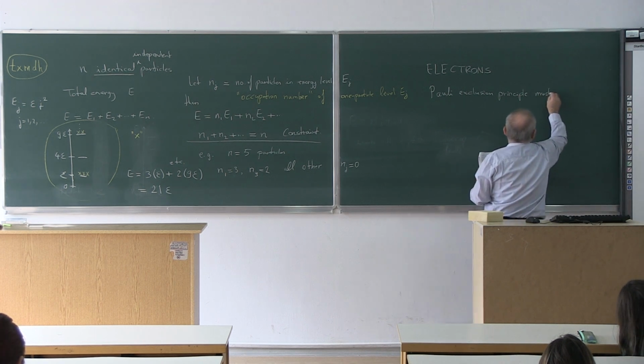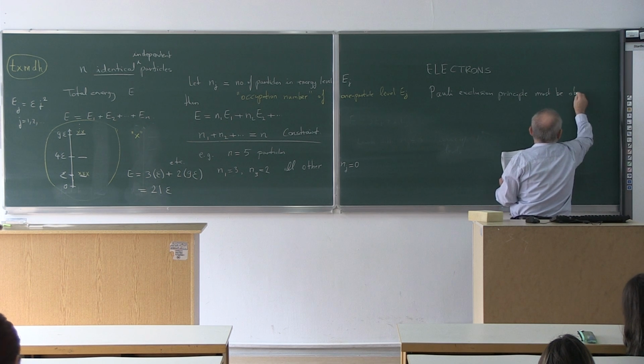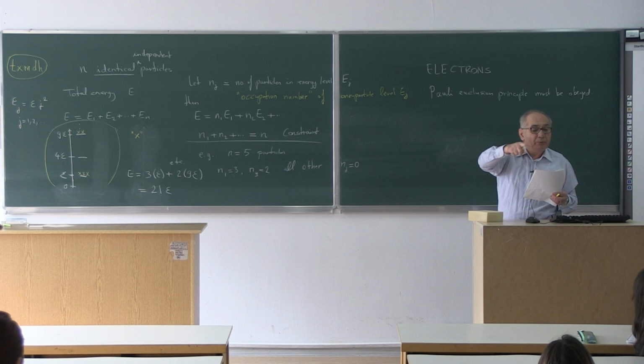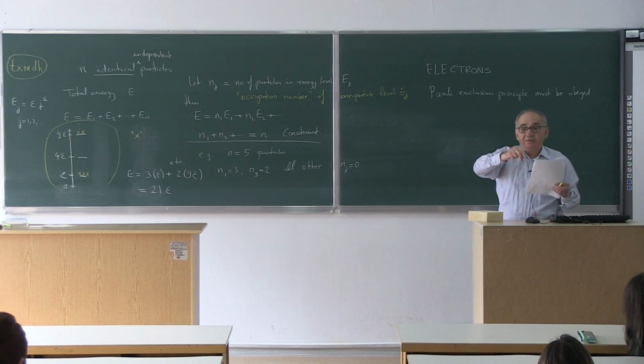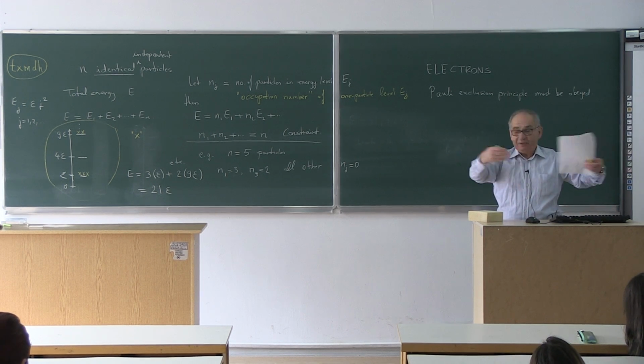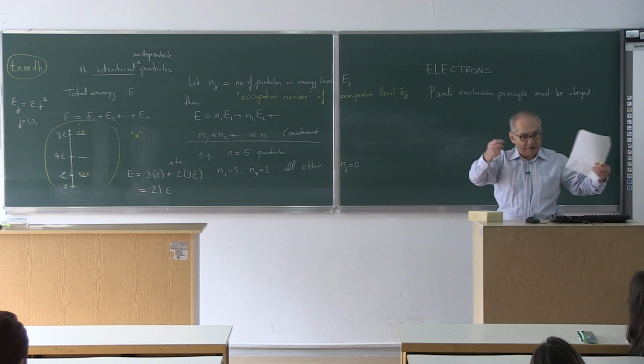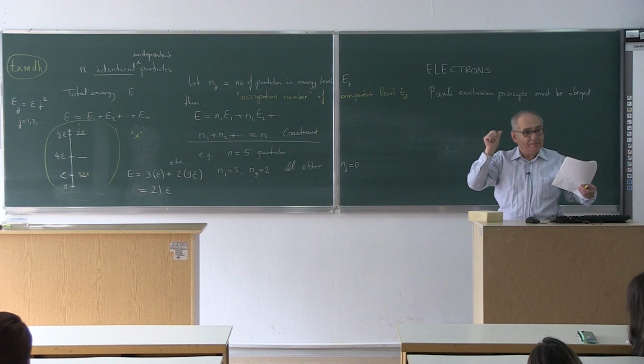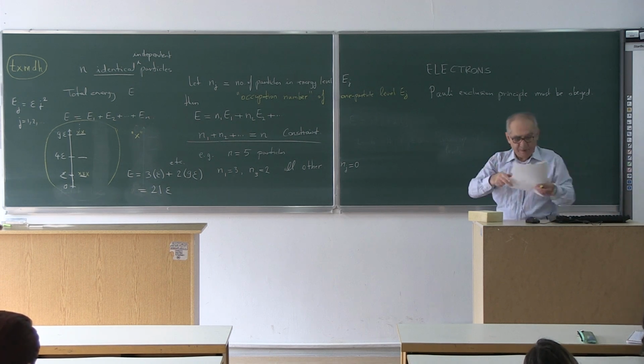Must be obeyed. Even when we assume the electrons are non-interacting, they are not repelling each other, all right? Non-interacting electrons. The Pauli exclusion principle must be obeyed.